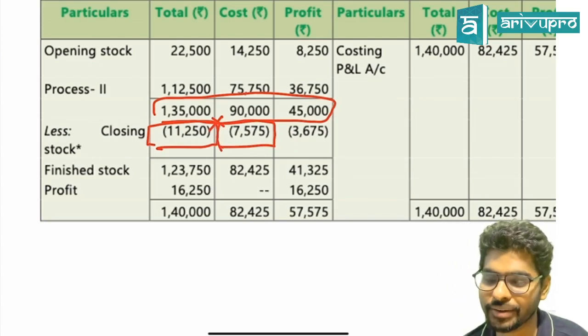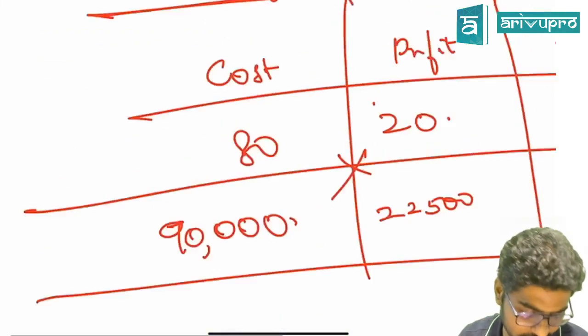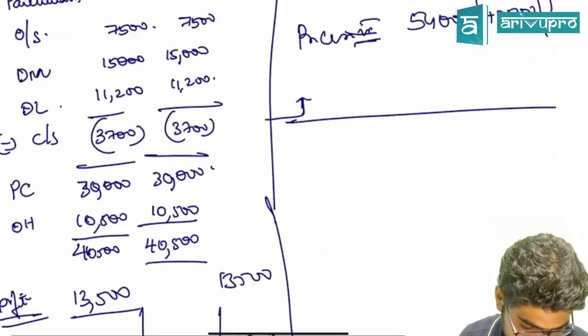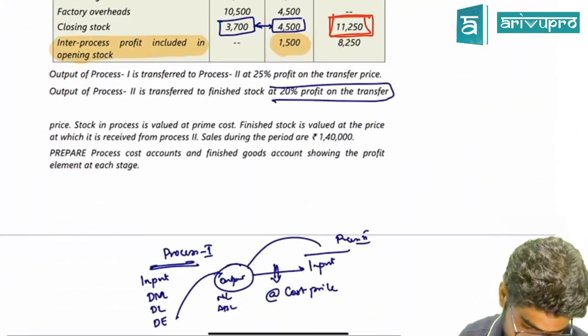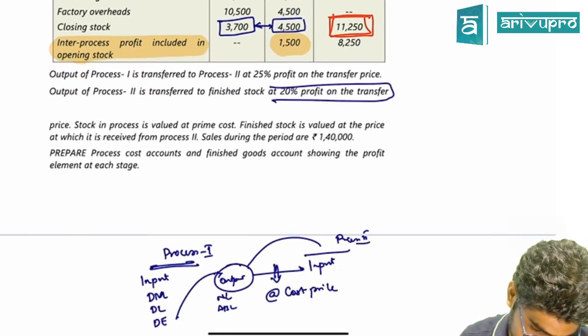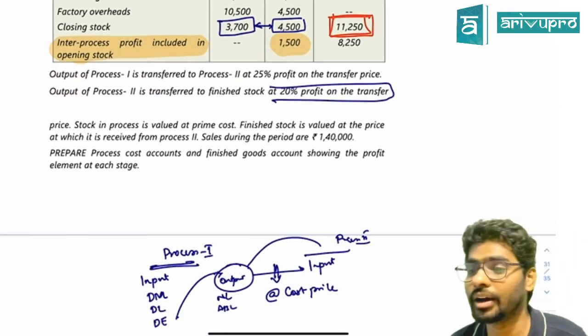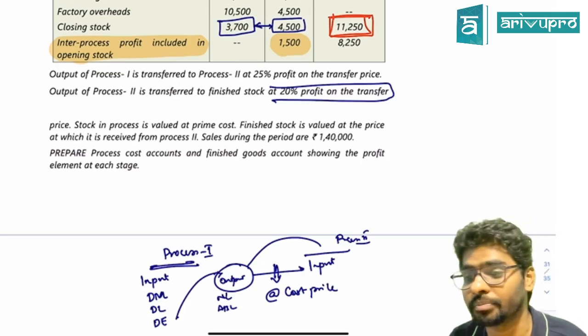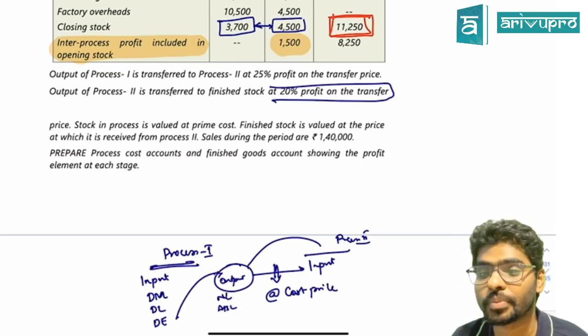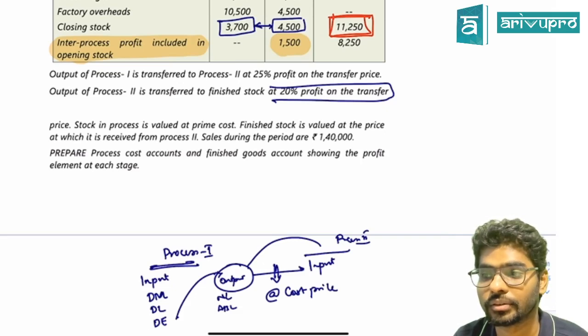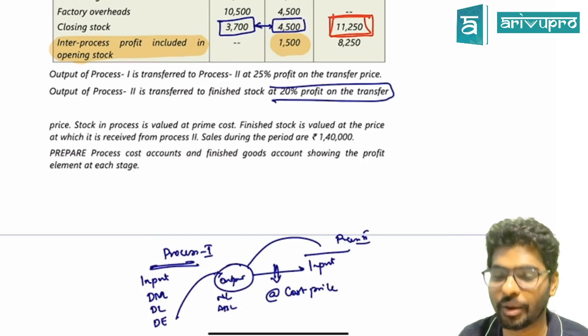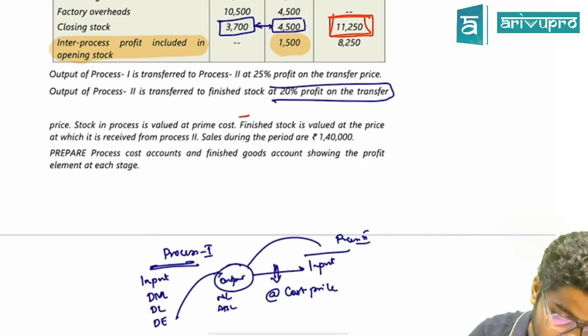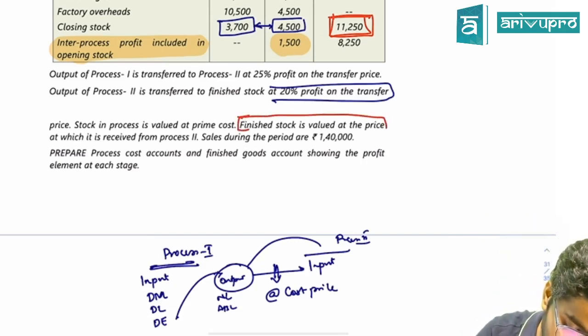Pratham, did you not? Which one? Pratham, one sec, sorry. Okay, guys, sorry, thanks Pratham for bringing it up. No, Pratham, it's right, sorry. Amoda, thank you for bringing it up. It clearly says the finished stock is valued at the price at which it is received from process 2.